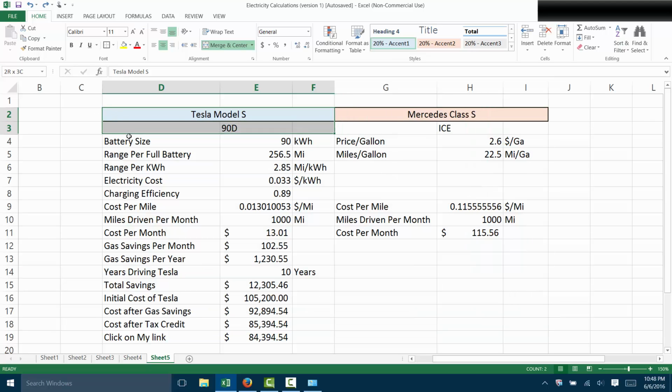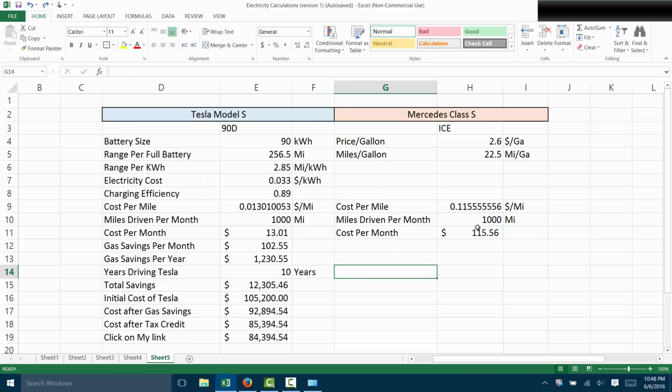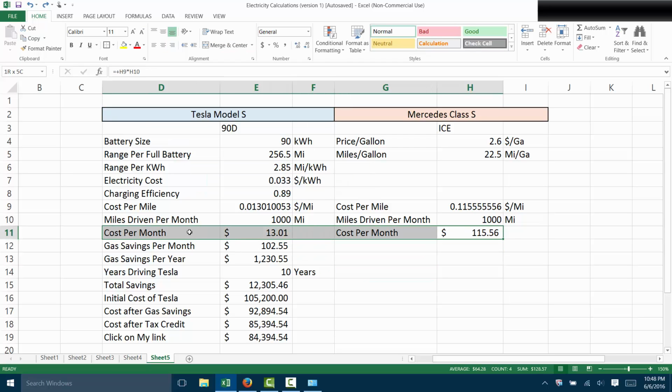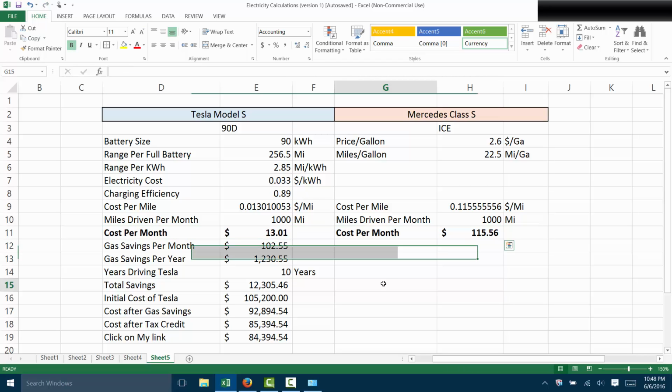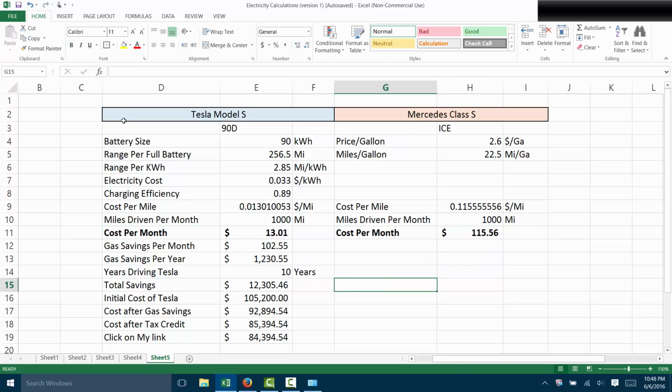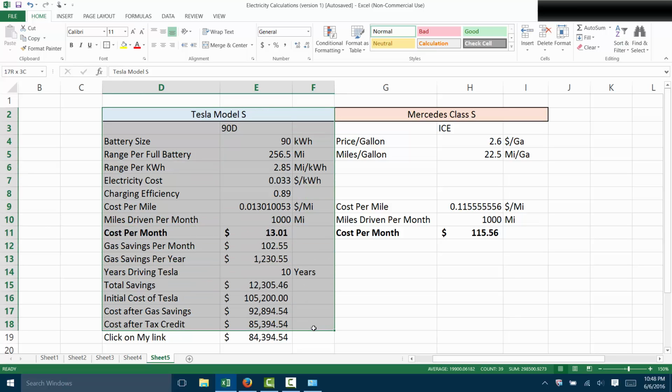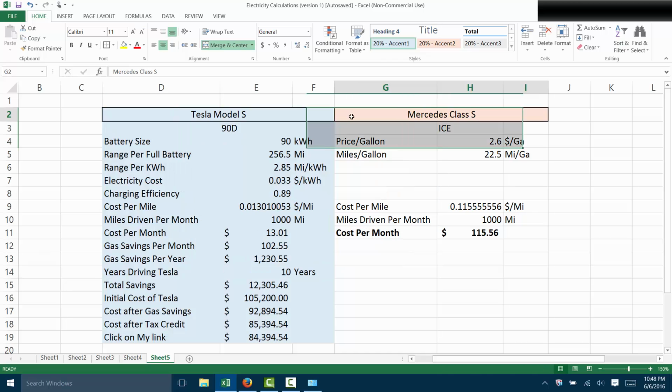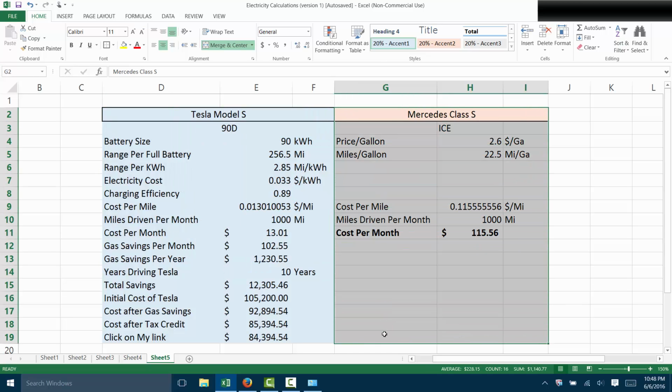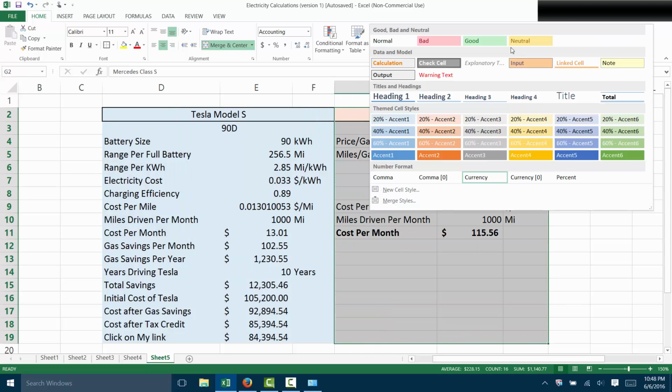The things that are significant that I like to highlight include the cost per month. That's how much you'd be saving. This right here, let's accent that. That's going to be the Tesla, and this is the ICE.